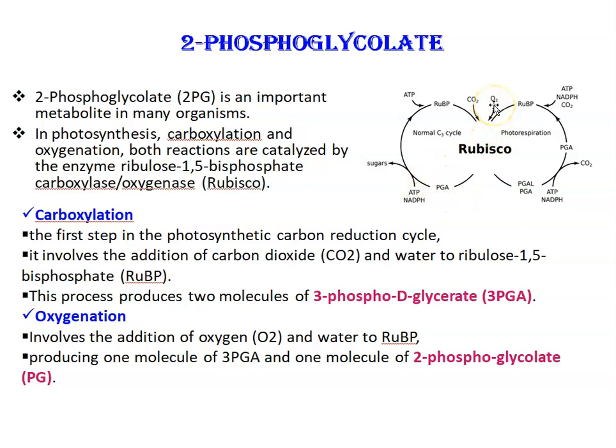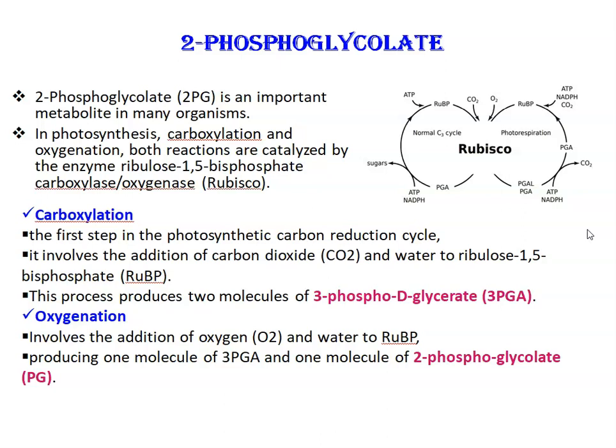In oxygenation, it involves the addition of oxygen and water to ribulose 1,5-bisphosphate, producing 1 molecule of 3-PG and 1 molecule of 2-phosphoglycolate, right? 3-PGA enters the Calvin cycle, the normal Calvin cycle, but the 2-carbon compound, that is 2-PG, is a dead-end metabolite.